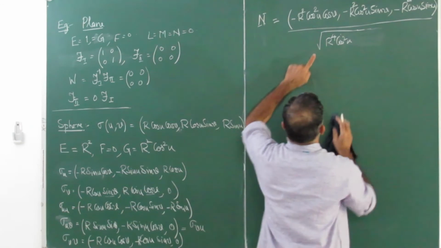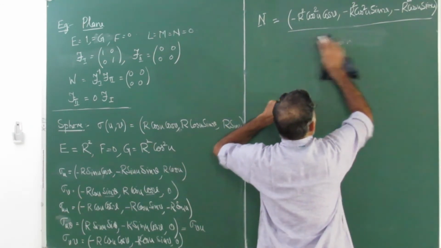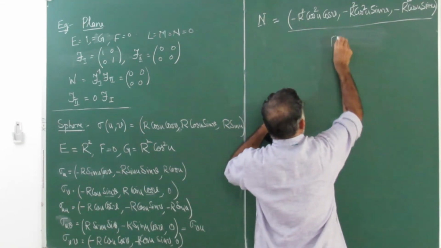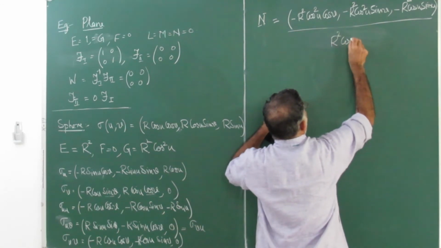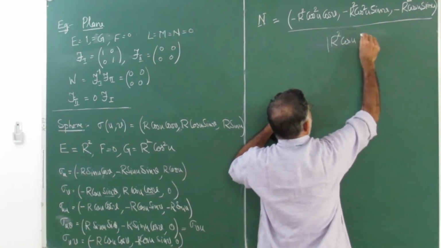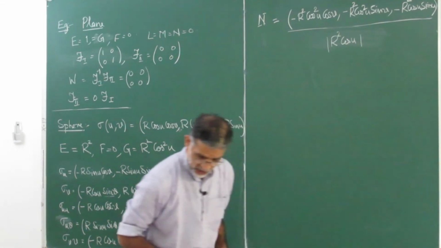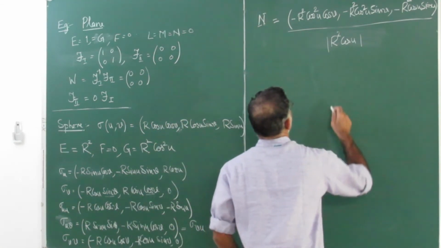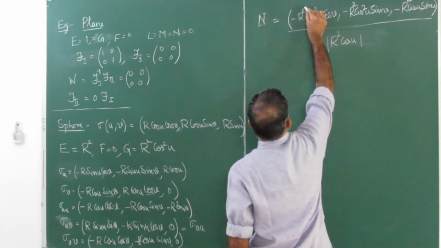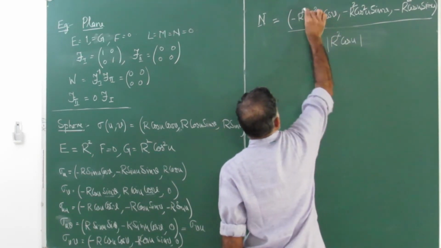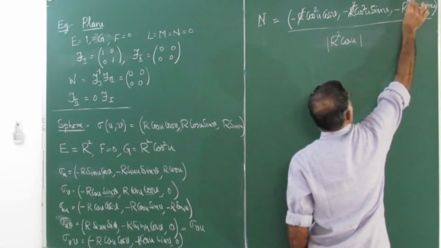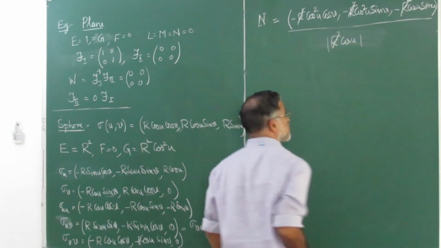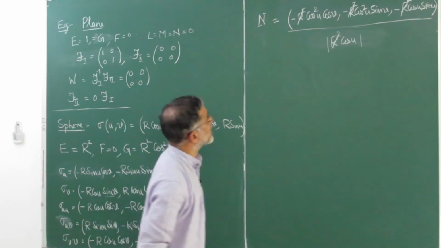So this is r square cos u, with a modulus, assuming that is required. And now let us cancel all those things. This r square first can be cancelled, because r square is the radius which is always positive, non-zero, so you can cancel.